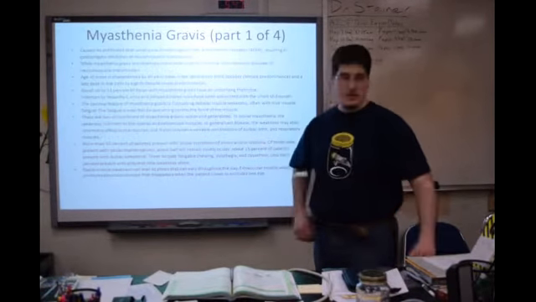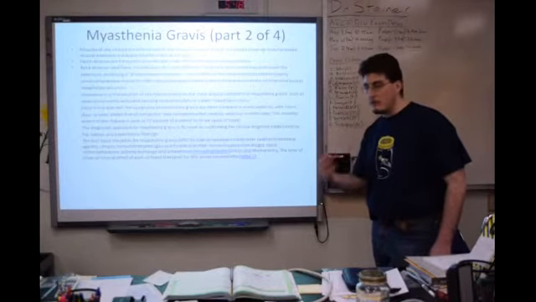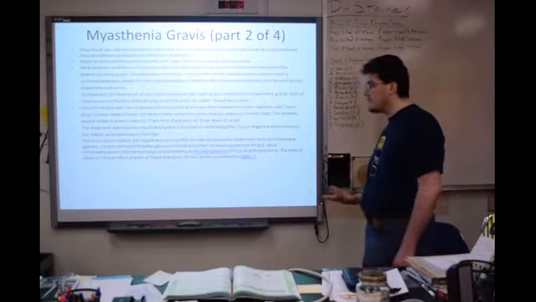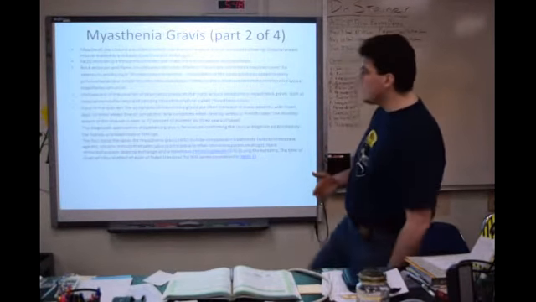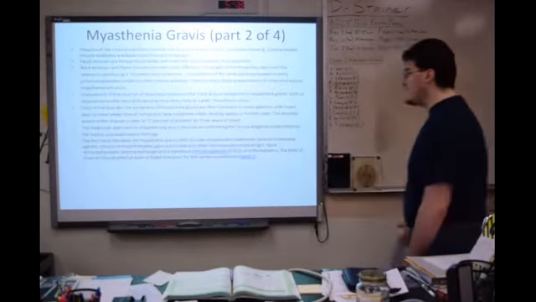Basically your diagnosis of myasthenia gravis is focused on the clinical symptoms. You essentially prove that they have muscular weakness to sustained muscular activity, and the treatment is immune mediated.